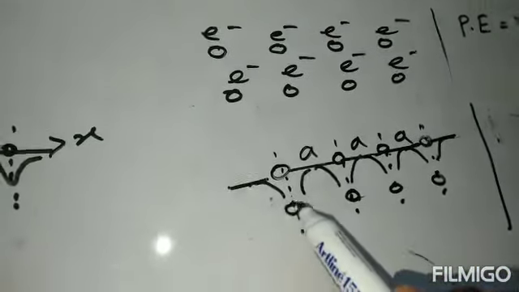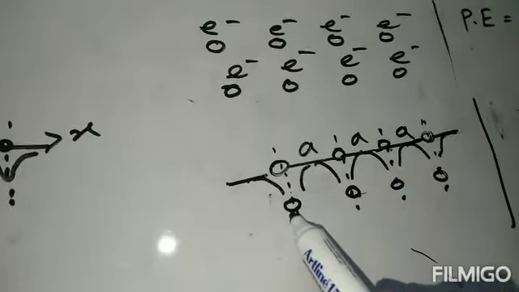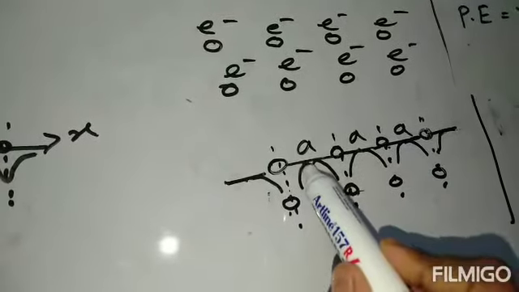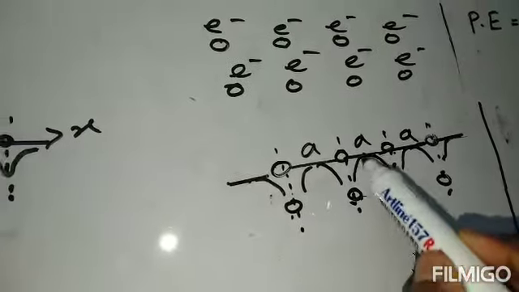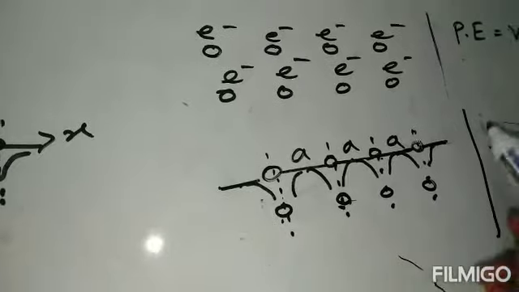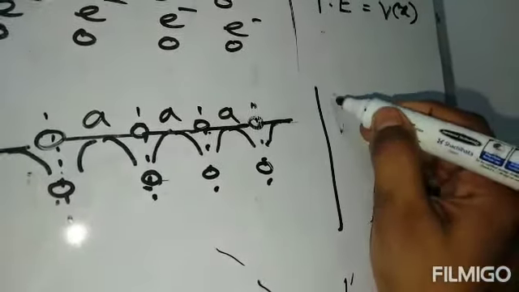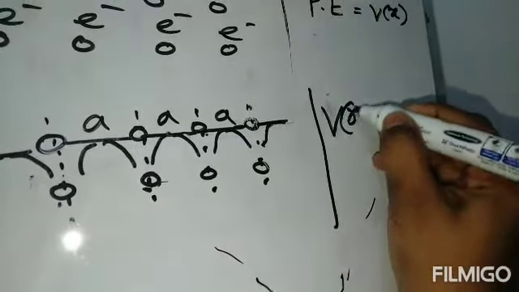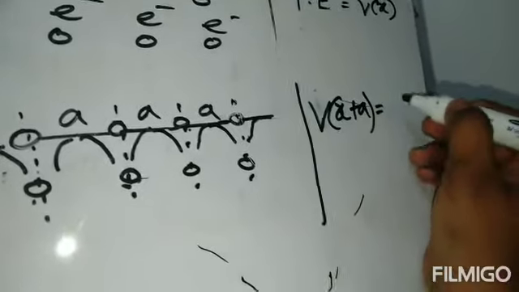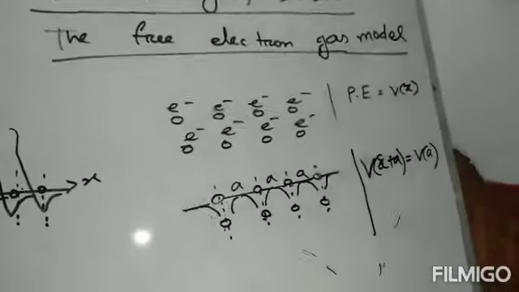This is minimum potential and there is maximum potential. Again minimum potential, again maximum potential, and this goes on. So the potential in a periodic lattice is V(x plus a) equals V(x).